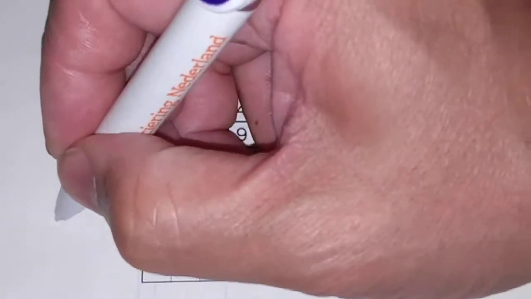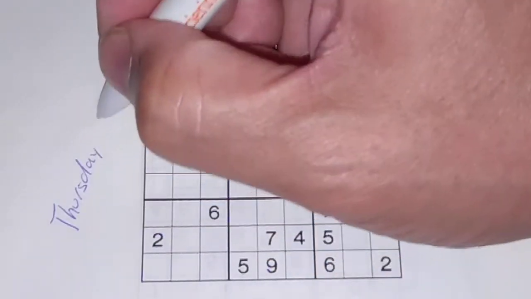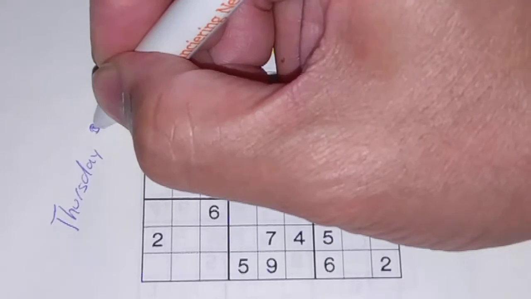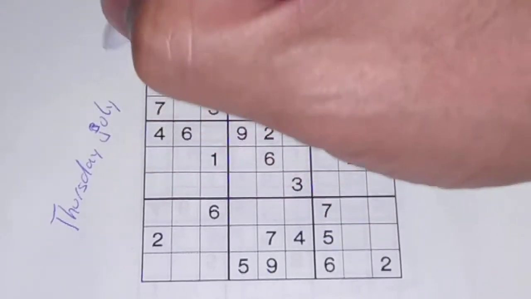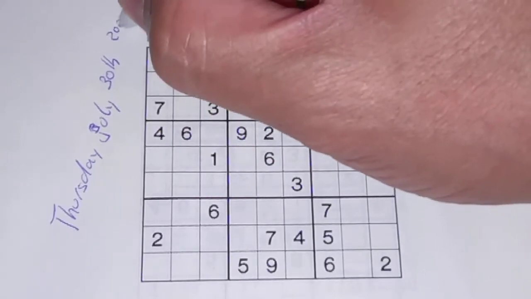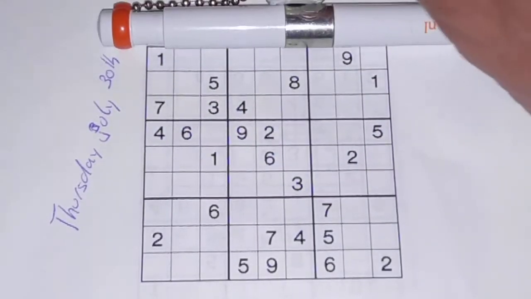Today's newspaper is Thursday, July the 30th, 2020. Yes, 2020.